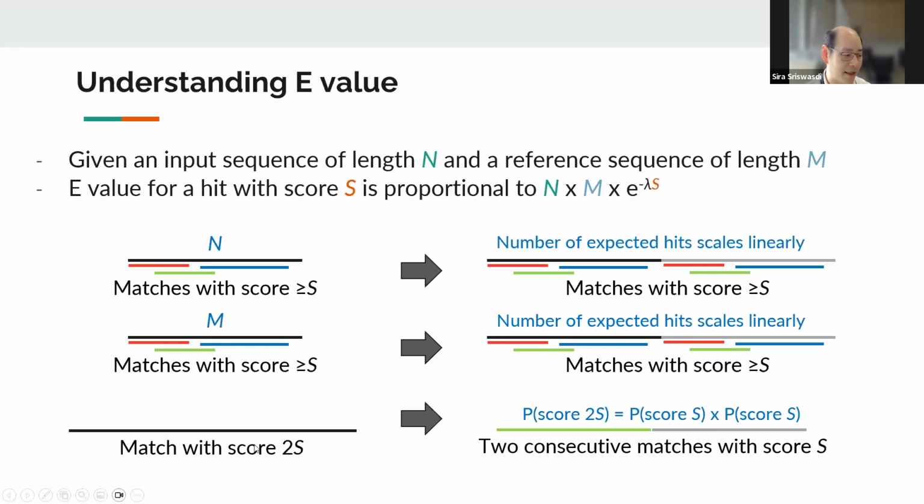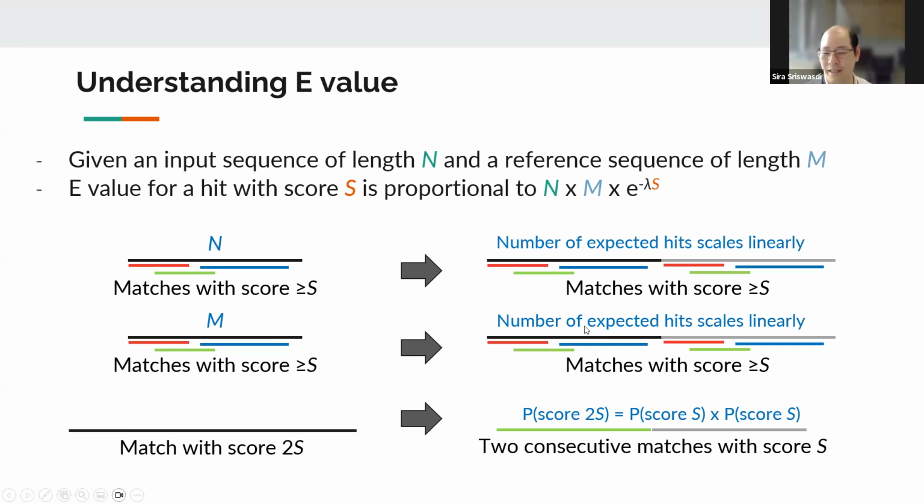So this kind of shows that if you increase the score by 2-fold, your score actually becomes exponential because you are multiplying the smaller score, not adding them together. So the e-value in terms of the score of the alignment doesn't scale linearly, it scales exponentially.